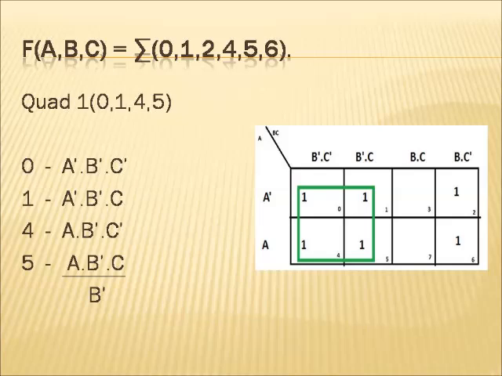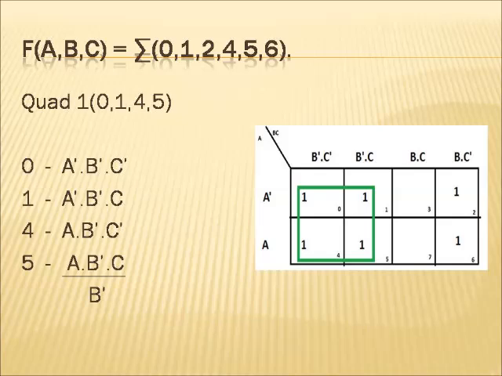Okay, so how can we reduce a quad? I have listed the variable equivalents of 0, 1, 4, 5. Then we have to pick the unchanged variable. If you see a, for the first cell a bar is the same, but when it comes to 4, a bar is changing to a, and on 5 also it is a.